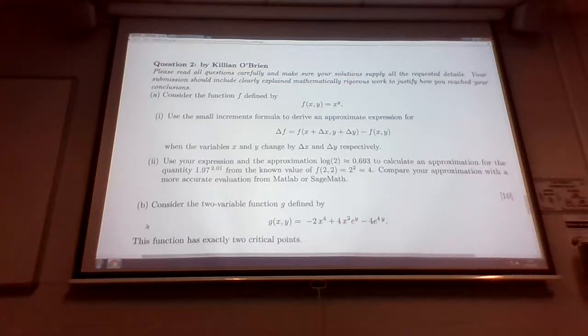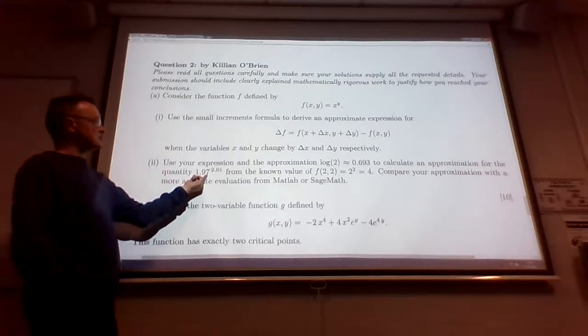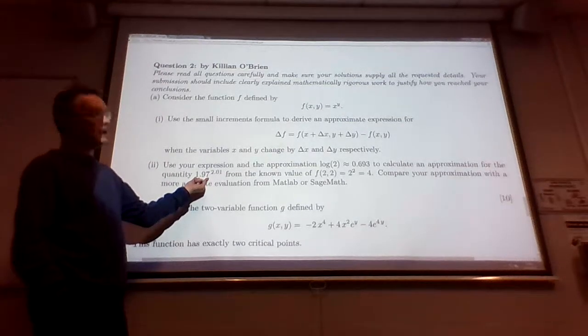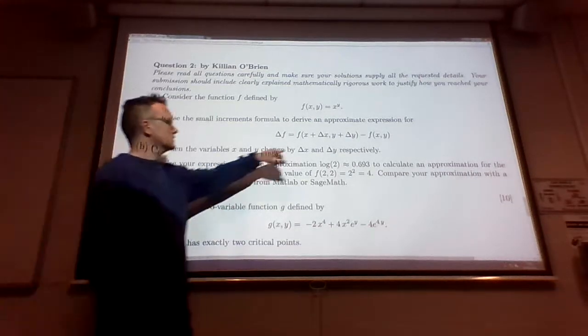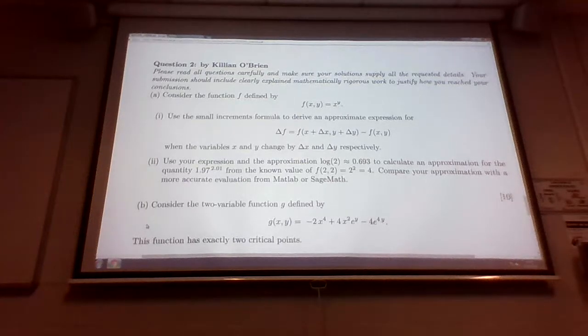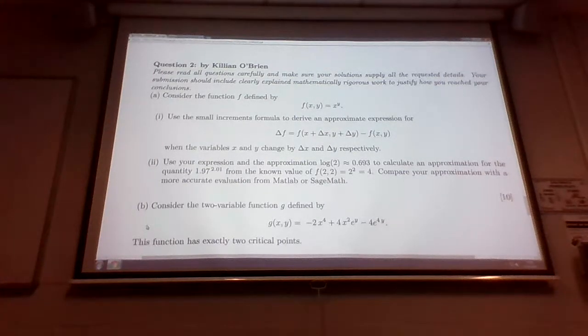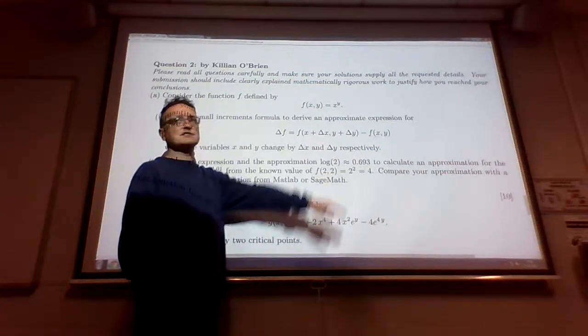Okay. And we can just do a linear approximation using the changes in x. So the change in x is whatever it is. Change in y is whatever it is. These quantities delta x and delta y. We can use those to estimate this value based on the known value of 4 and using the changes in x and the changes in y.